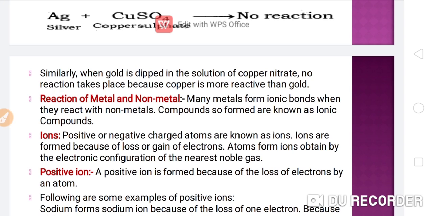So what are ions? Before that, we have to know about that. Positive or negative charged atoms or species are known as ions.